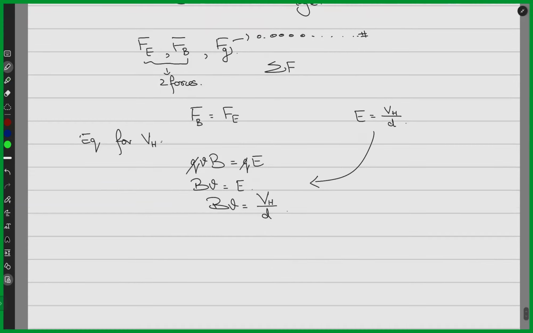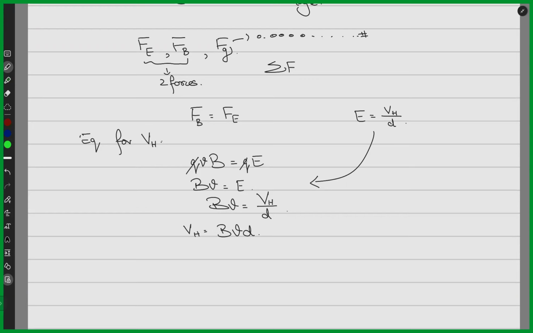Then you can rewrite this equation for Hall's voltage as BvD, and so this is my Hall's voltage.